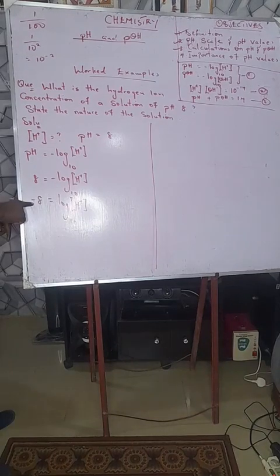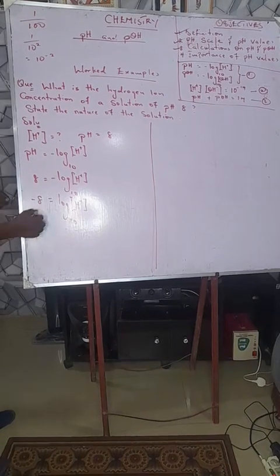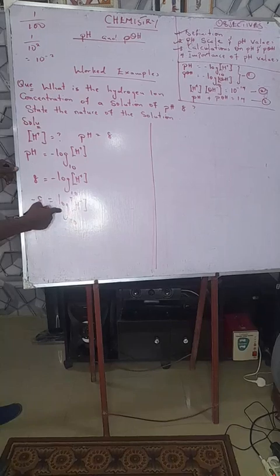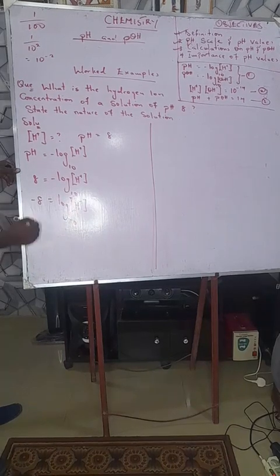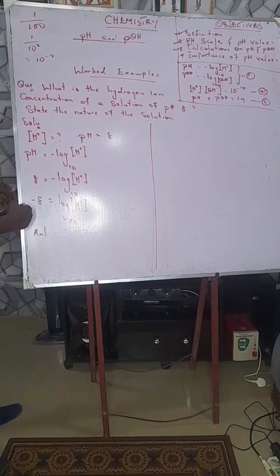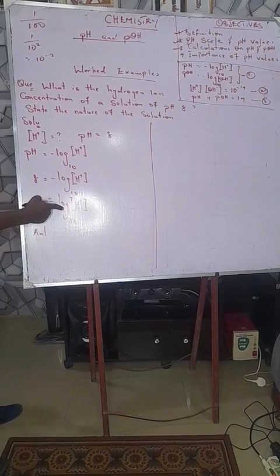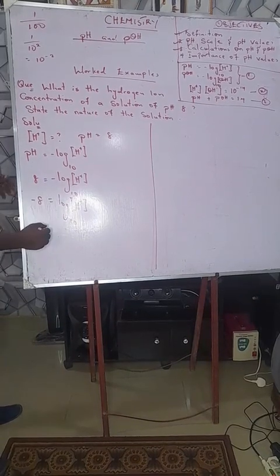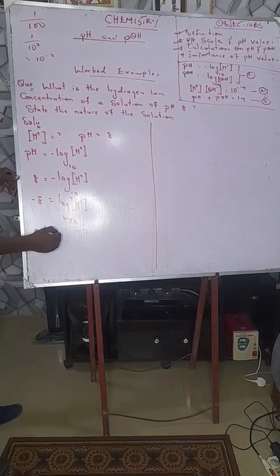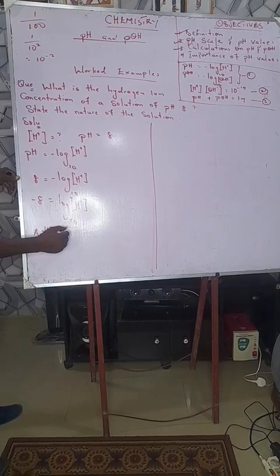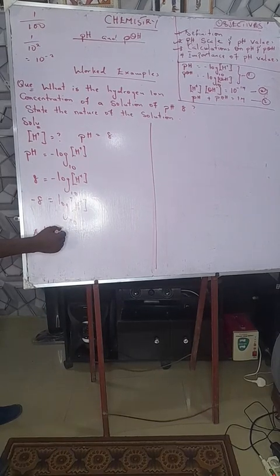This negative has come down to this place. Now the next thing is to find the antilog. This log 10, when it comes to this place, becomes an antilog. It is log here; when it comes down here, it becomes an antilog. Antilog of minus 8.